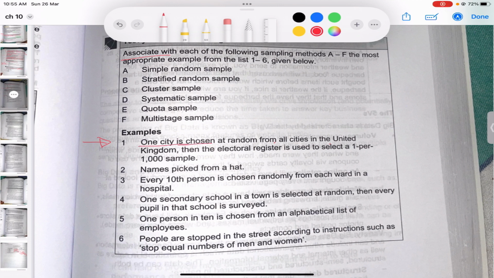So how is this? Multi-stage sample, right? This is the definition of multi-stage sample.